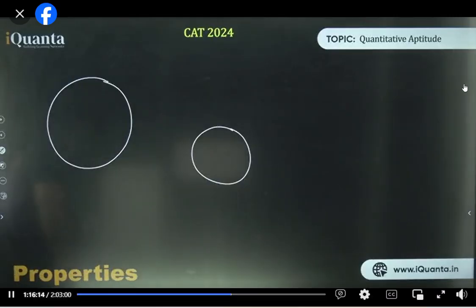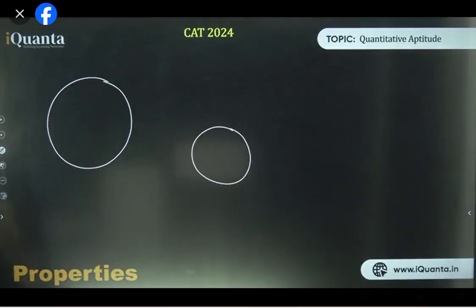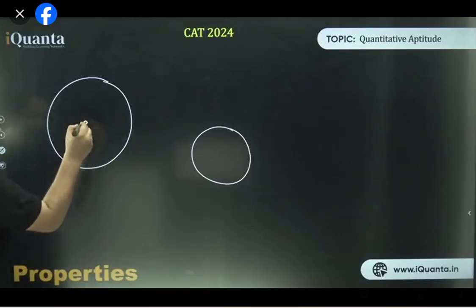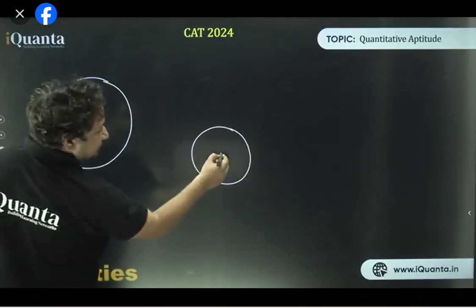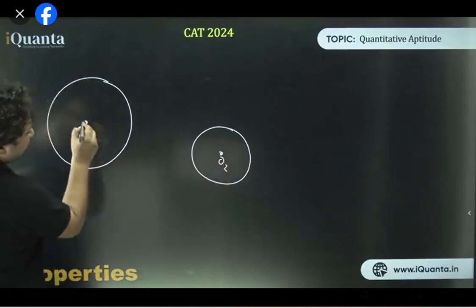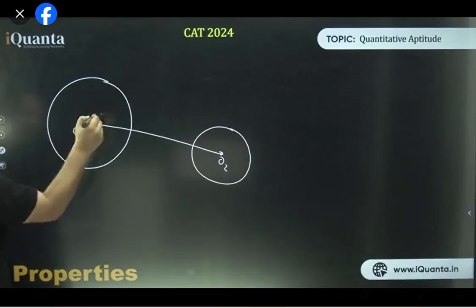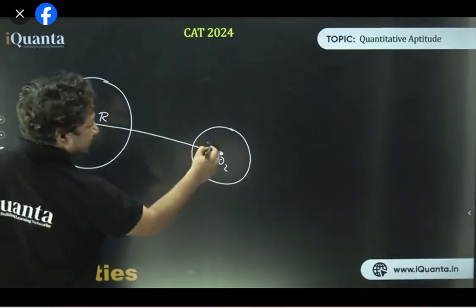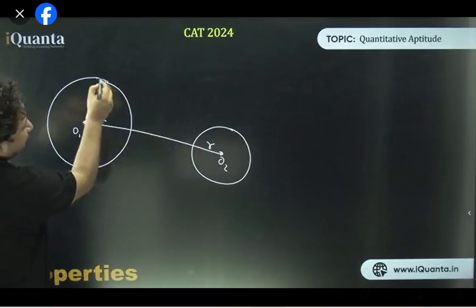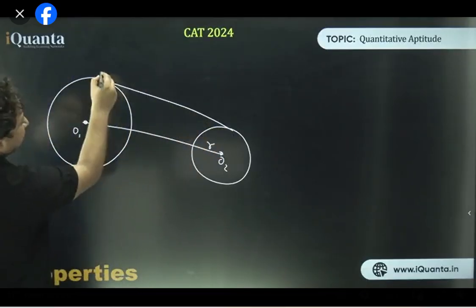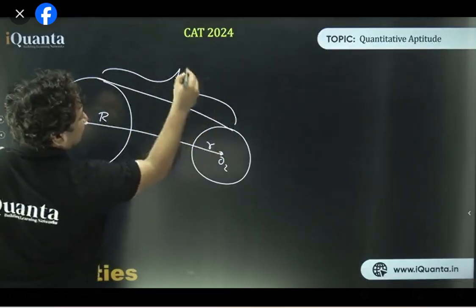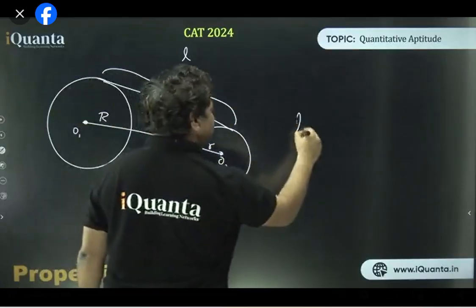Let the centers be O1 and O2. I'll join them by a line, and say this radius is capital R and this one is small r. So the direct common tangent looks like this. Let this be L. Now we need to find the value of L.